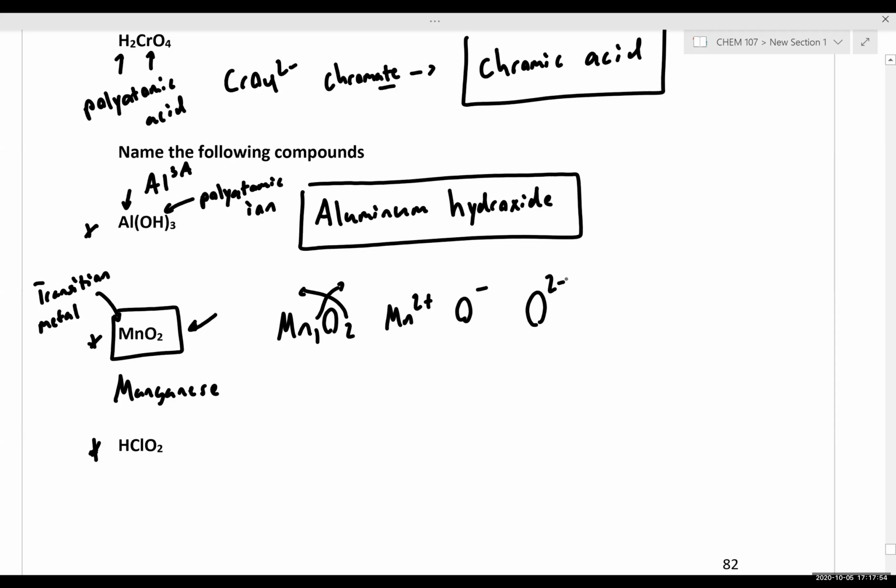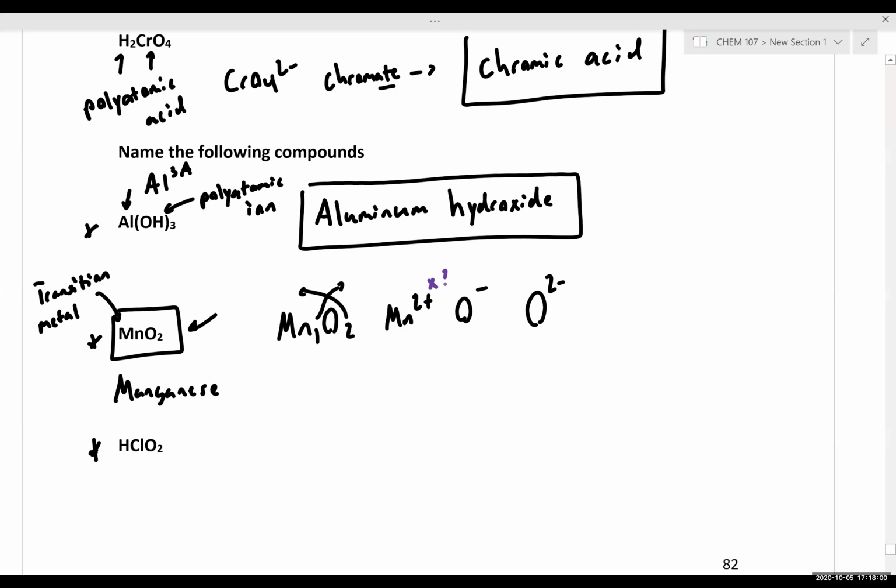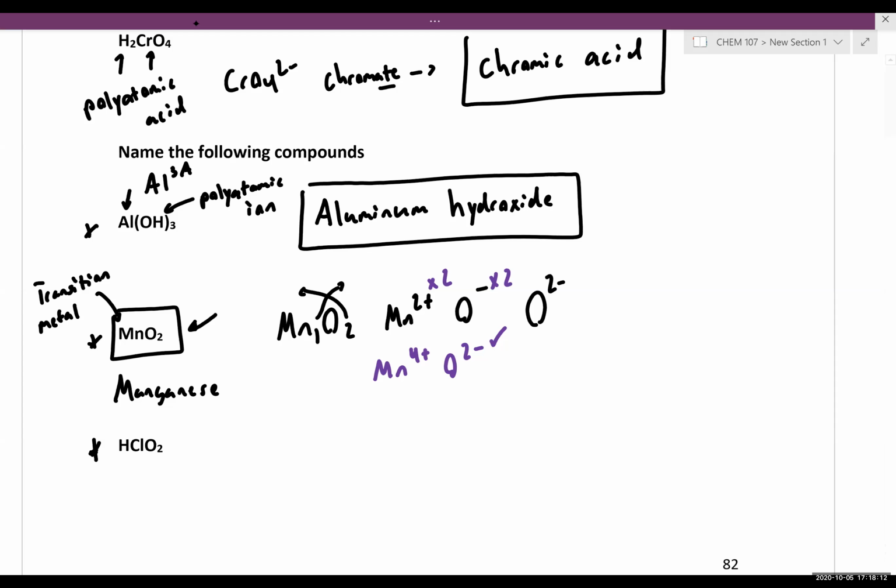However, we know that oxygen is known to have a 2- charge. So then we multiply each of our charges by 2, and that gives us manganese 4+ and O 2-, which matches the known charge of oxygen.